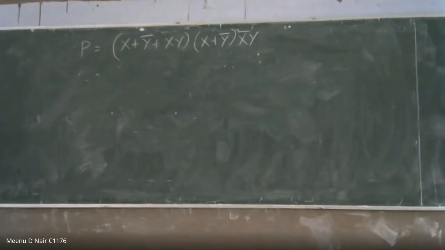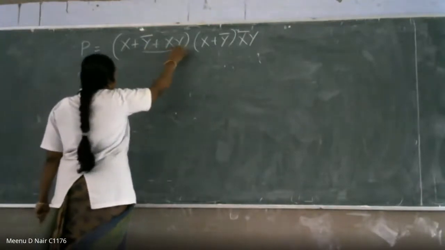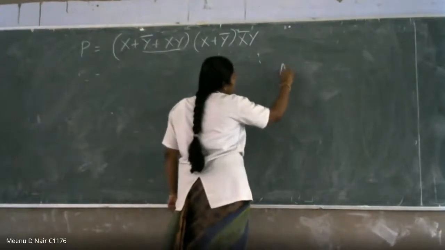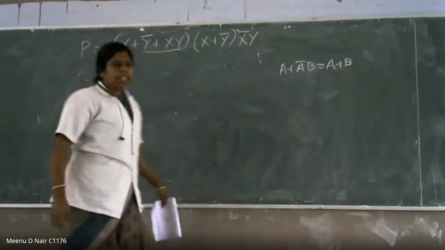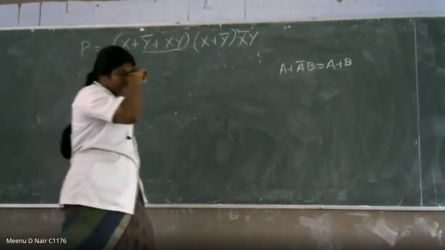Here you have the term y bar plus xy. You know one identity, a plus a bar b is equal to a plus b. This is one of the Boolean identities.